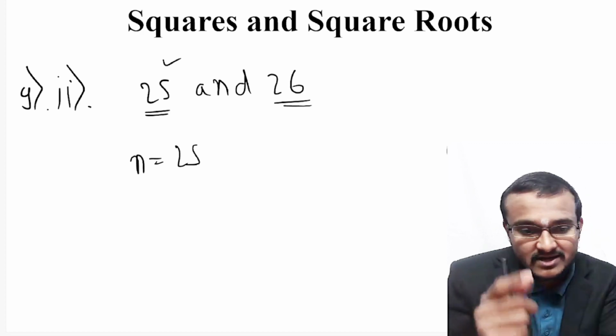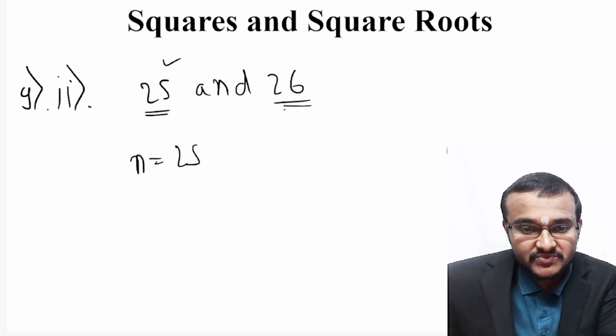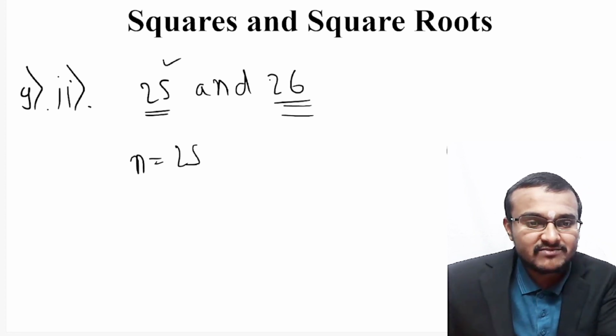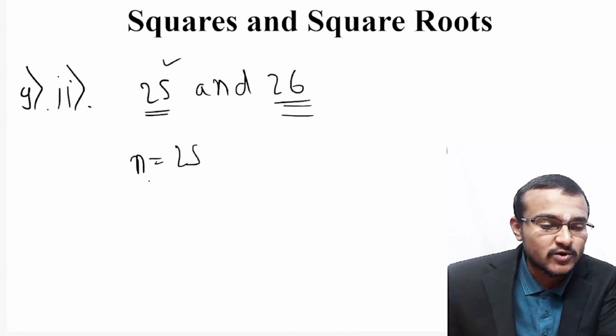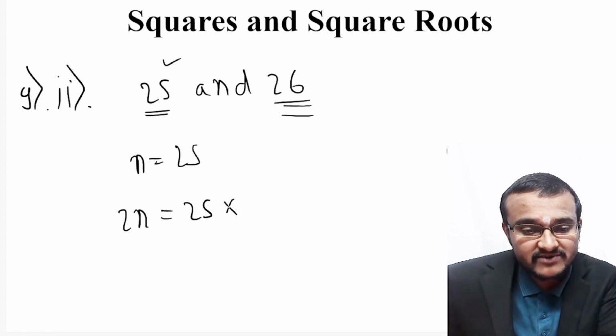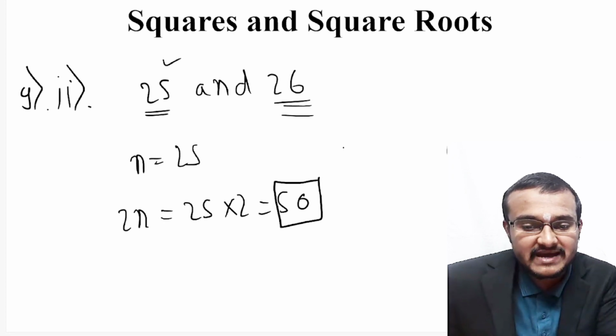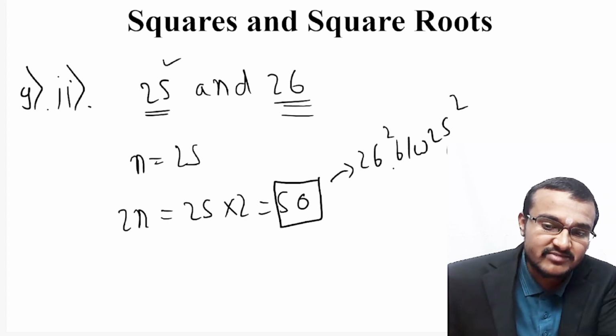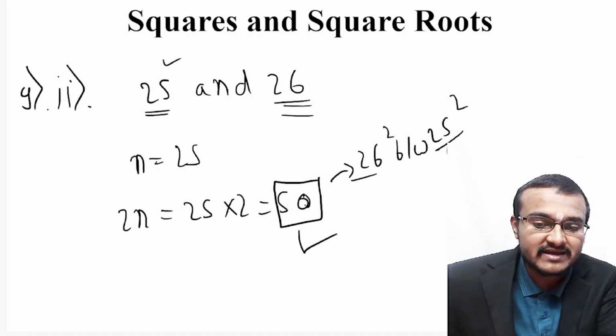So here n is equal to 25 and n plus 1 is 26. No need to worry about n plus 1. You just take the value of n and multiply it with 2. So 2n will be 25 into 2, which is equal to 50. So 50 numbers will be there in between 26 square and 25 square.